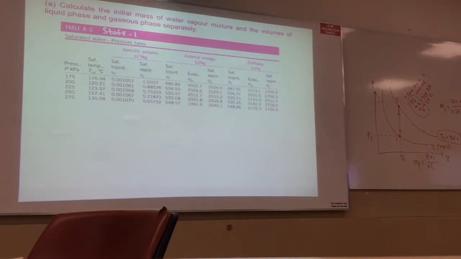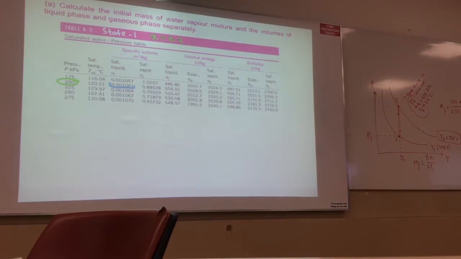State 1. What is state 1? 200 kilopascal with a quality of 0.7. Then I know Vf and Vg. So what is the initial temperature T1? Tell me. T1 is 120.1, right?